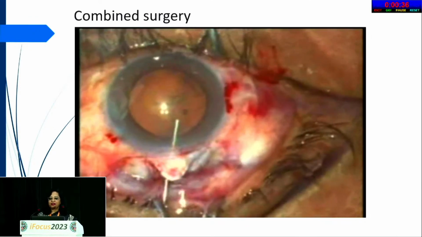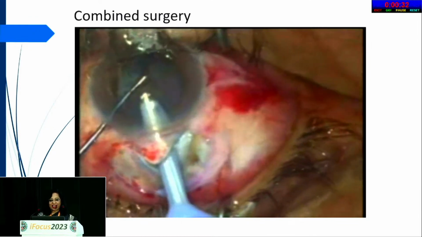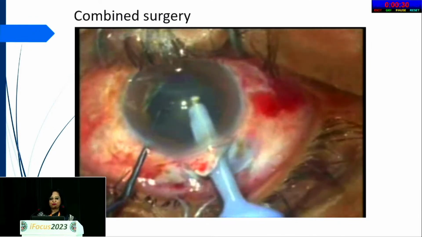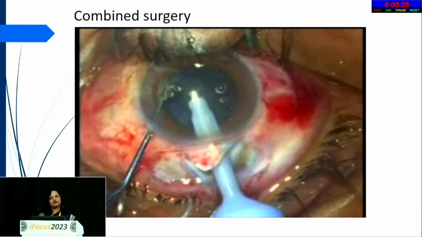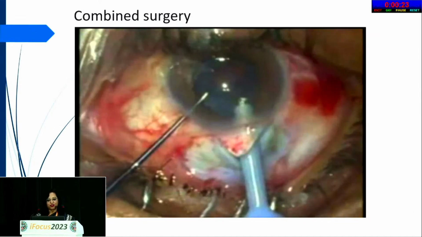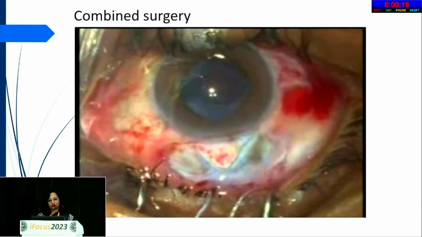So rather than going through the cornea or the sclera, you are going through that scleral flap, and then through the scleral flap, you can complete the procedure. This is called a single site phacotrabeculectomy, which is a combined phacotrabeculectomy. You can use it with mitomycin C also, or without mitomycin C.